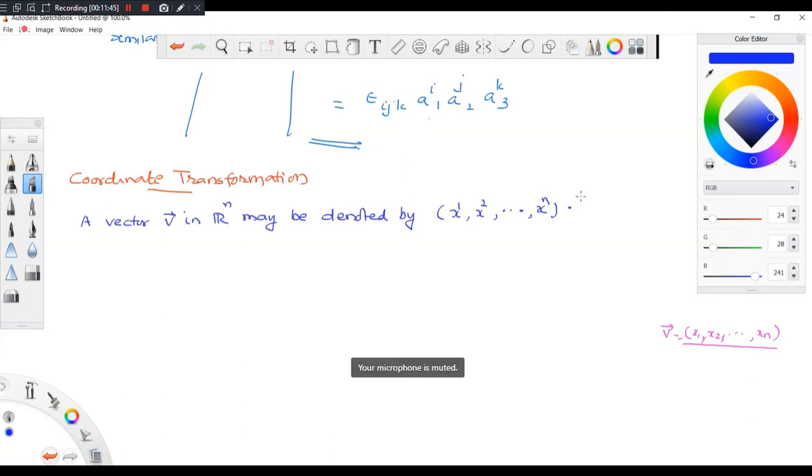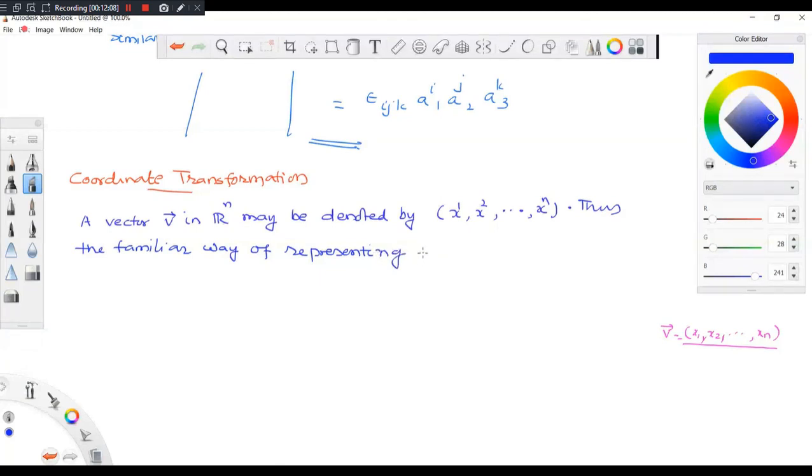So thus the familiar way of representing v bar is equal to x1, x2, etc., xn by subscripts are now replaced by superscripts.